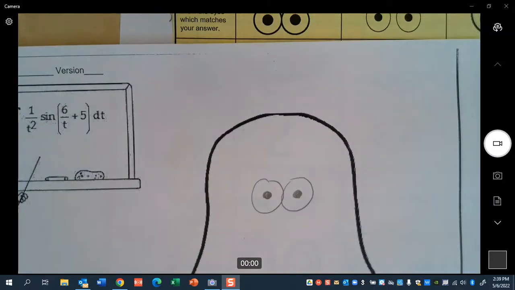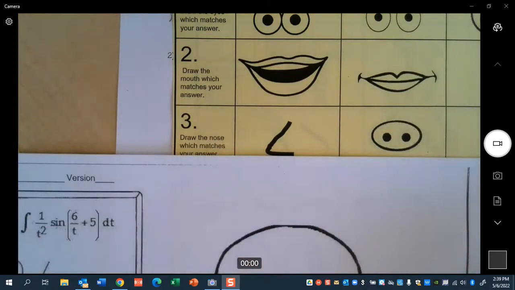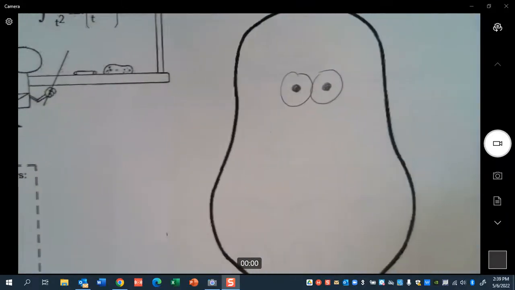So you're good, right? And then, didn't I give you a hint already that 2 is D? Say yes. So now for 2D, oh, you get to draw this creepy toothy smile, right?